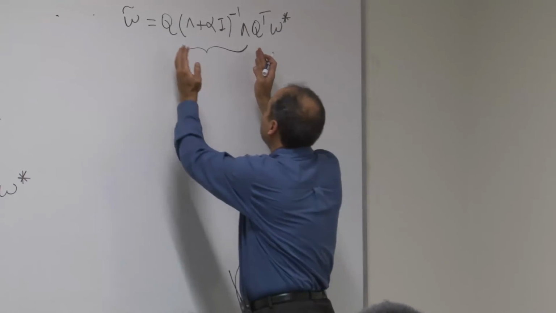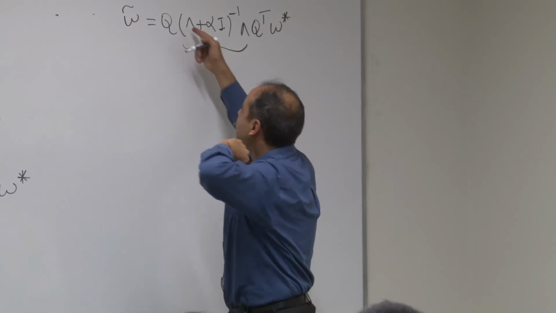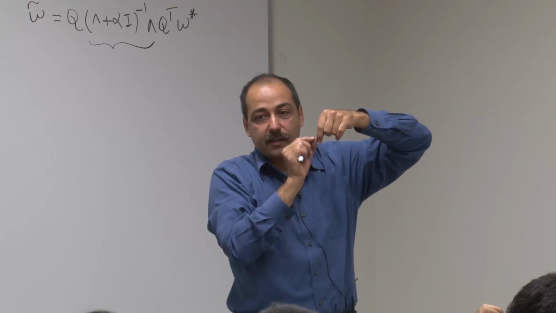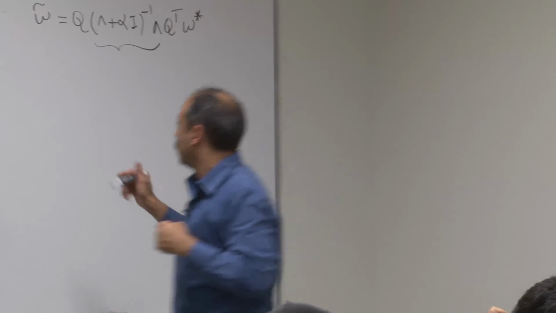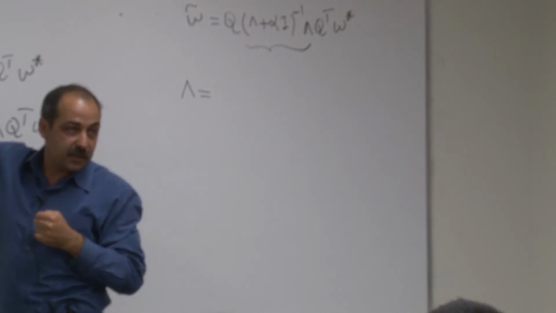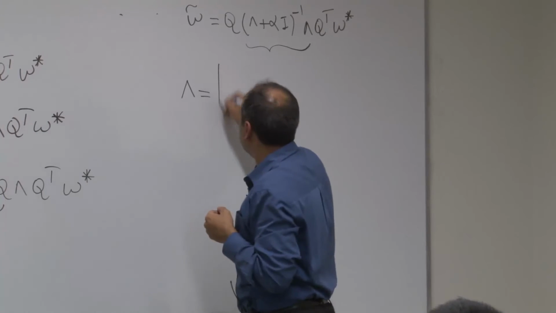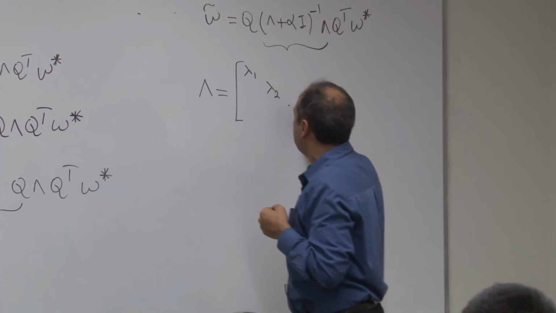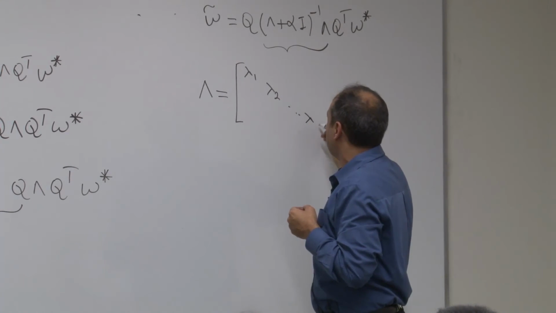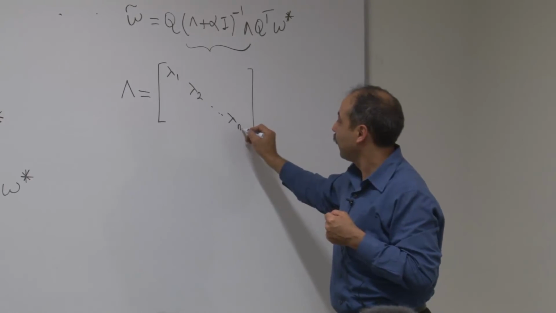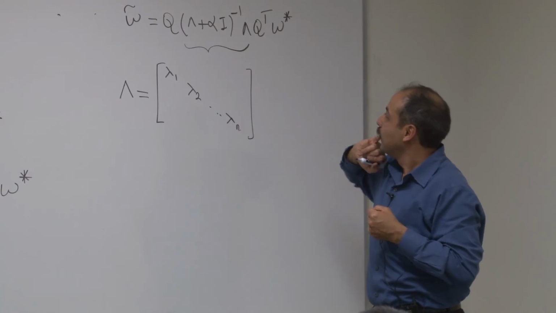Now I have this term in the middle. But don't forget that this lambda is a diagonal matrix, because we did singular value decomposition here. So this lambda is like lambda 1, lambda 2, up to lambda n.